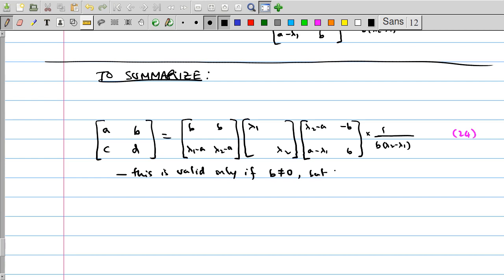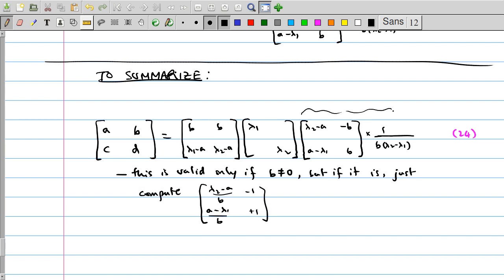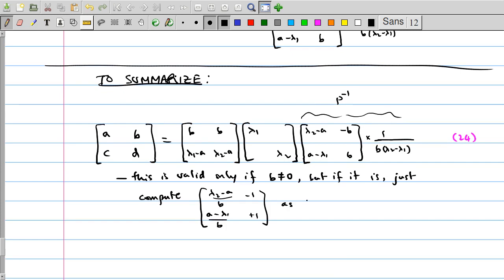But if it is, just compute lambda 2 minus A over B, minus 1, plus 1, A minus lambda 1 over B, which is basically this P inverse, as B tends to 0. Let's write this properly.